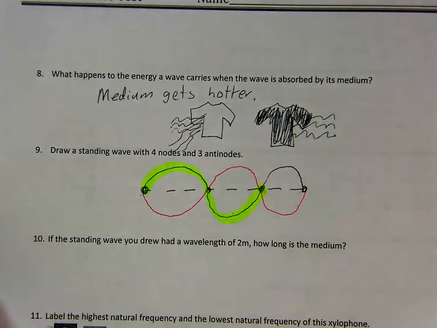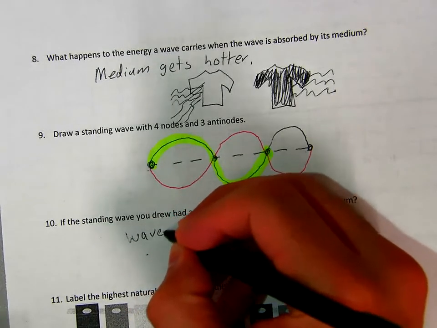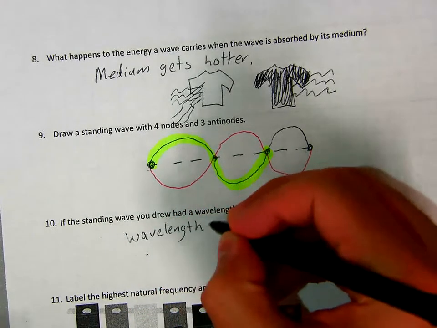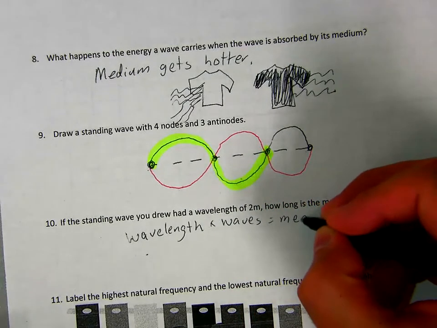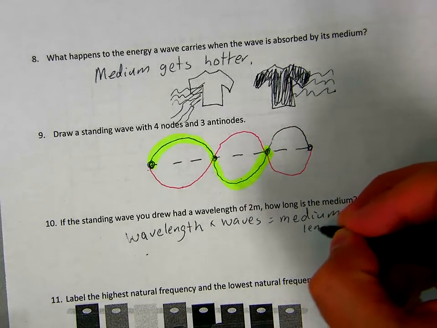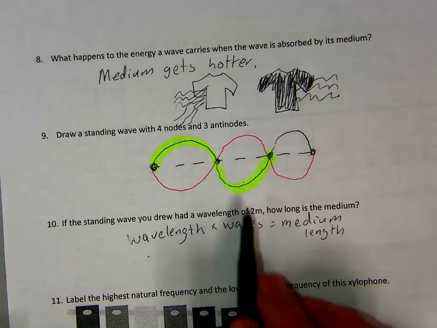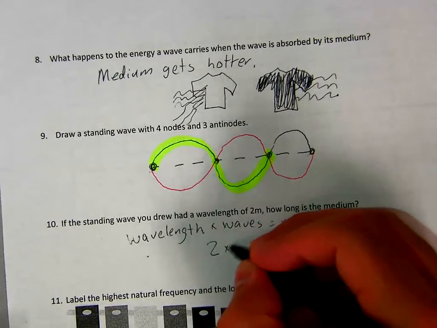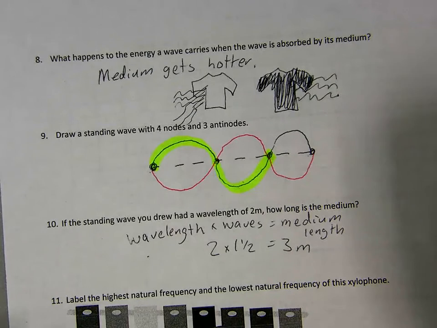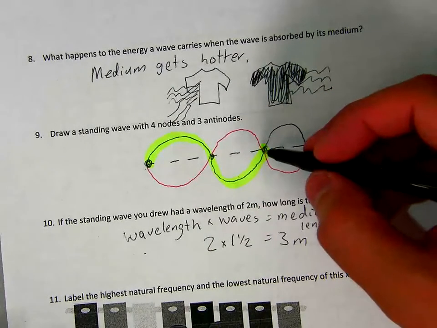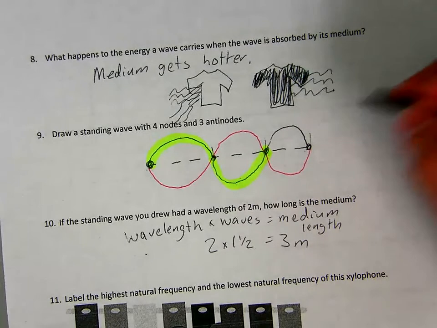So if I take the wavelength and multiply by the number of waves, it should be how long the medium is. Now this only works for standing waves. Wavelength is 2, number of waves is 1.5. I'm going to get a medium that's 3 meters long. That makes sense, because if these are divided up equally, then 1 meter would be here, 2 meters would be here, 3 meters would be there.